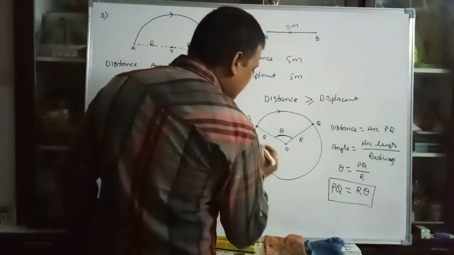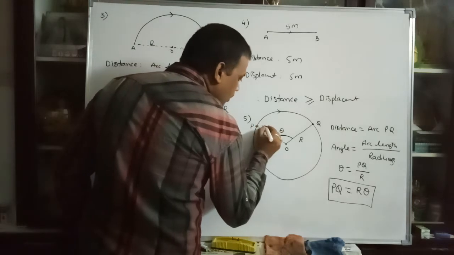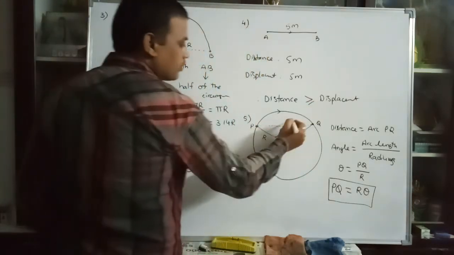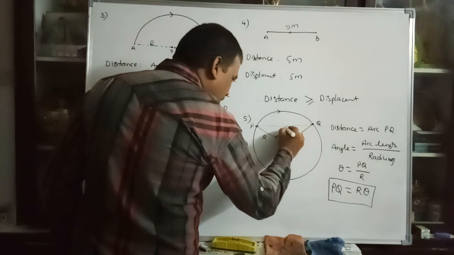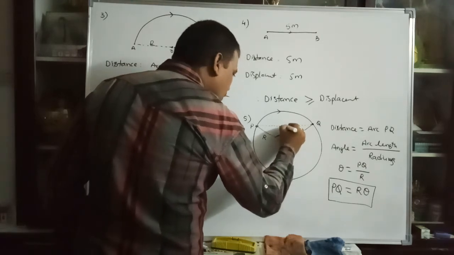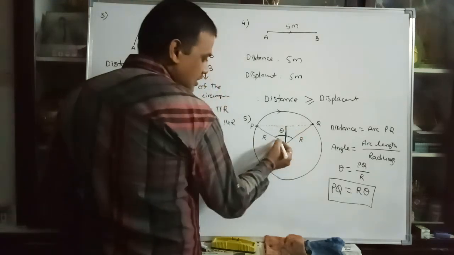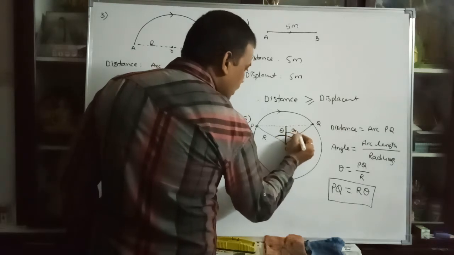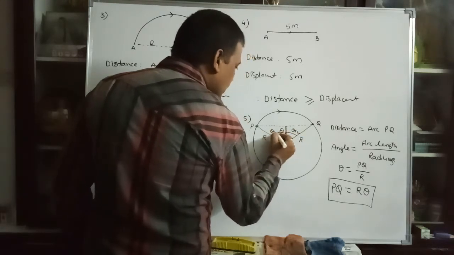Displacement is nothing but the shortest path between P and Q. We can draw one perpendicular from O like this. You can draw the perpendicular line. This angle is divided into 2 parts, this is theta by 2, this is also theta by 2.